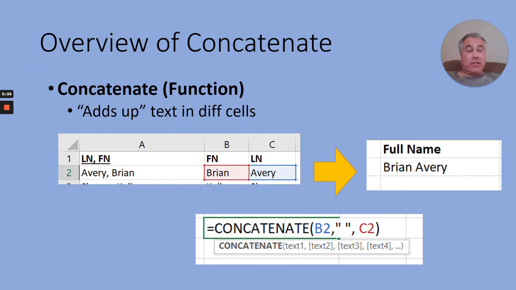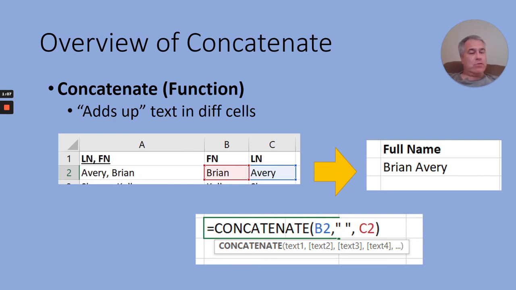So the next function I'm going to teach here is concatenate, and what you're doing with that is adding up these different cells. So I have it right now showing you that you're going to take text in one cell and text in the next cell and combine that into a full name in a different cell. So the way you do it is you say concatenate, and basically you're saying add up these things. B2 plus a space plus C2.